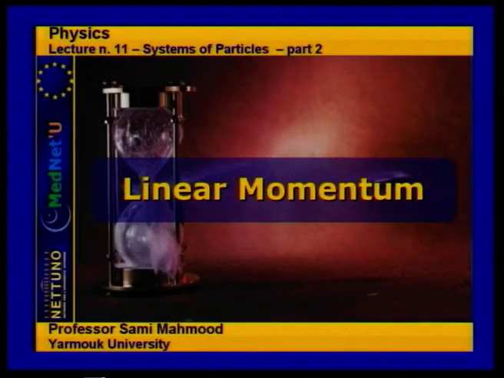And now, at this point, we are ready to define another quantity of importance in physics, which is linear momentum. Linear momentum for a single particle, we call it small p, and it's a vector quantity.